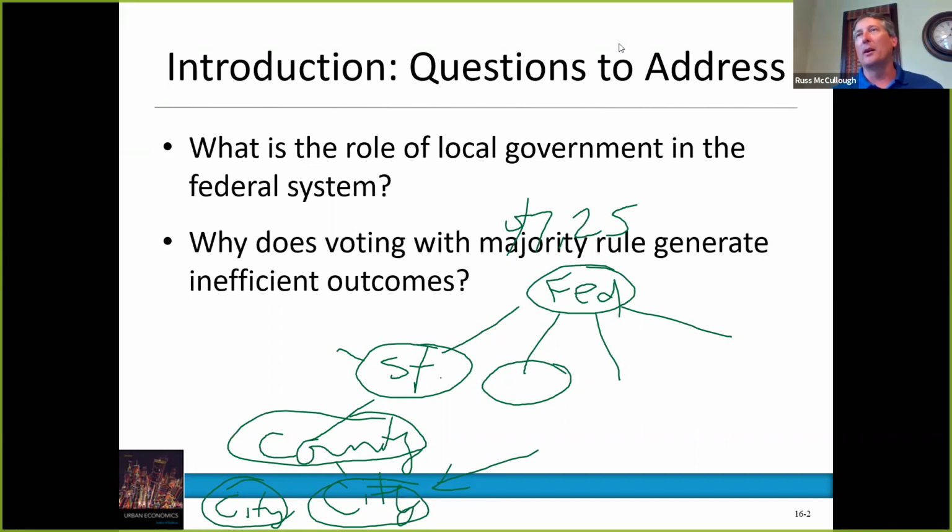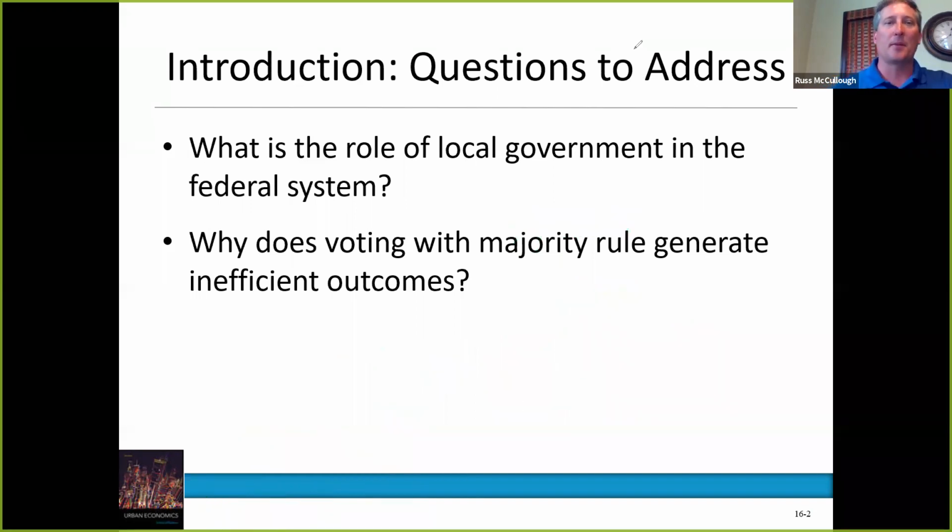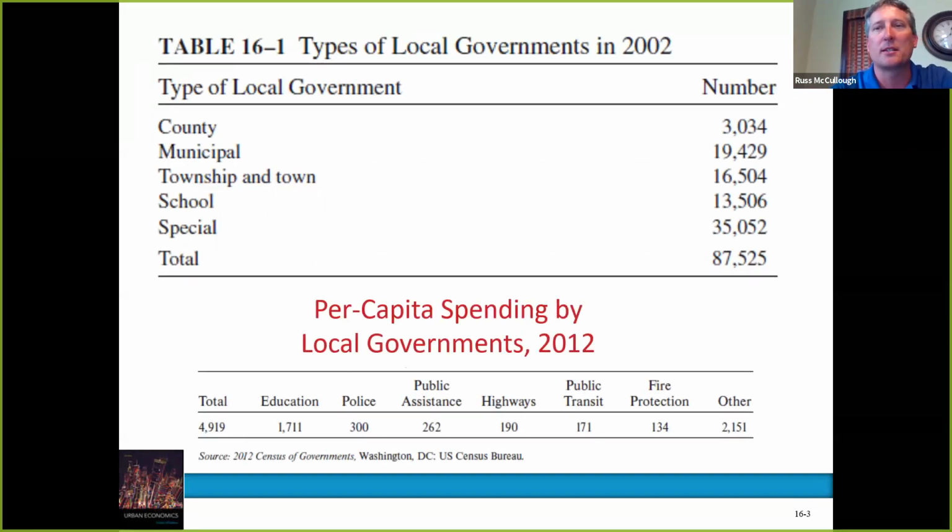Maybe it's Florida, where there's a coastal town where the ocean is an issue versus somewhere in Ottawa, Kansas, or way up north where they have to deal with snow in Minnesota, where I'm originally from, versus Texas. So that is the type of thing. And then we're going to look at voting and how that works and potentially generates some inefficiencies.